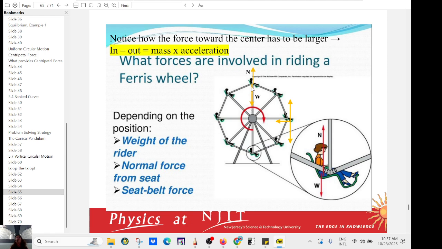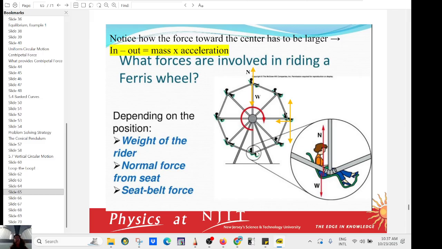But because the acceleration is toward the center, the largest force has to be toward the center. The largest force has the same direction as the acceleration. So that's why it's good to take the positive direction in the same direction as the acceleration. So we talk about that, right?